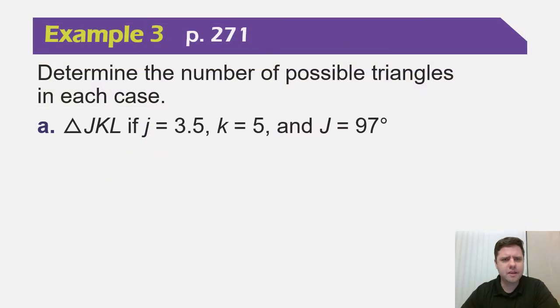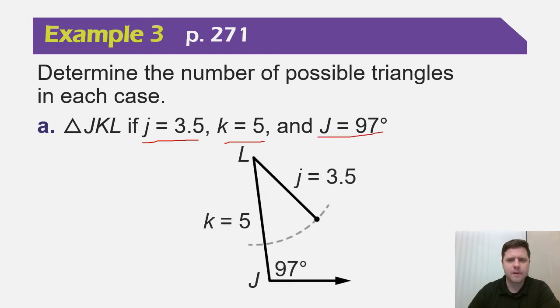Okay, well, let's look at example 3, and this is asking us to determine the number of possible triangles in each case. So let's consider, for part A here, triangle JKL. If j is 3.5, k is 5, and angle J is 97 degrees. So notice here, if J is 97 degrees, that means that this is an obtuse angle, right?